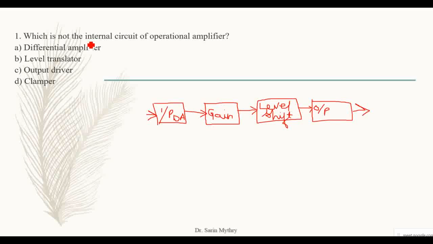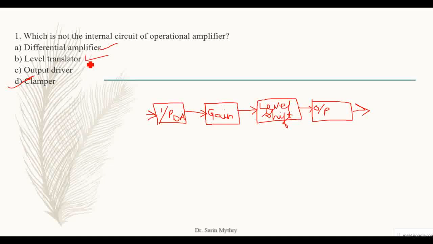Which of these is not the internal circuit of an operational amplifier? Clamper is the correct answer. Why? Because you do not have the clamper here. You have an input stage, that is a differential amplifier. Second, you have the level translator, which is nothing else but the level shifter.